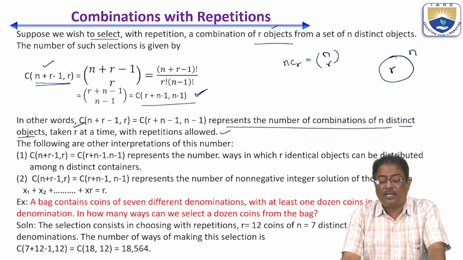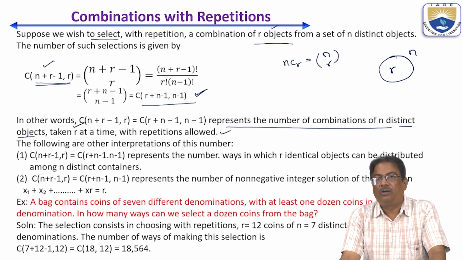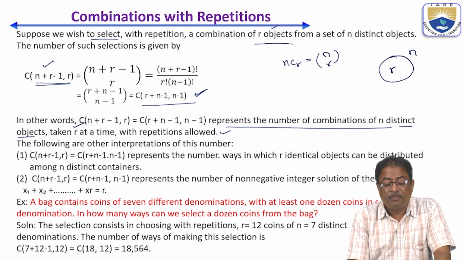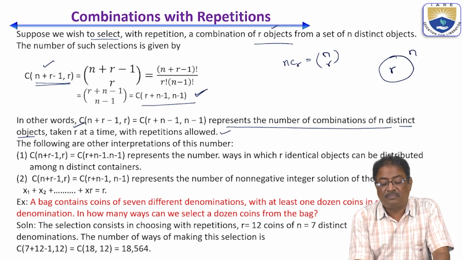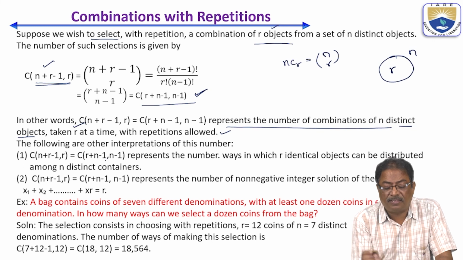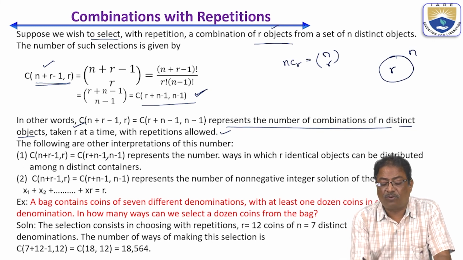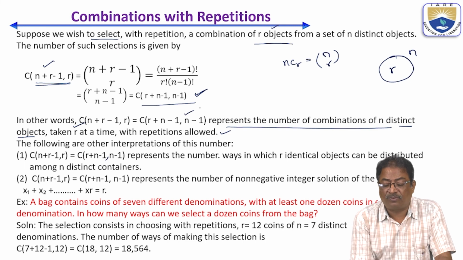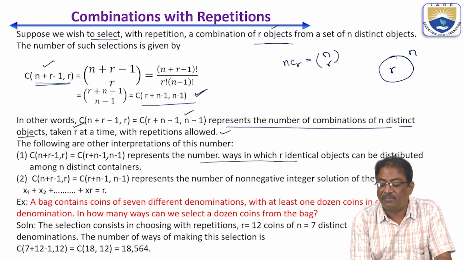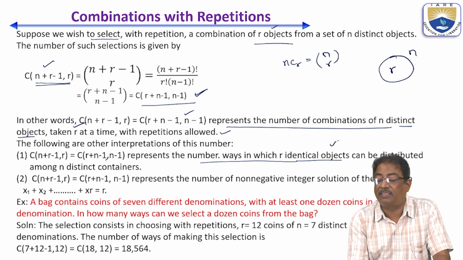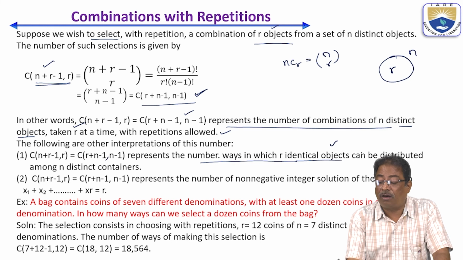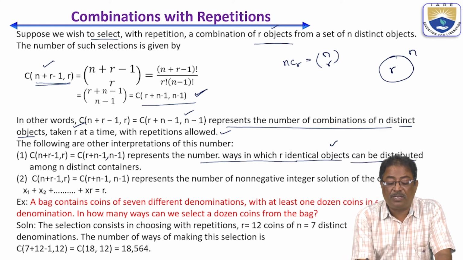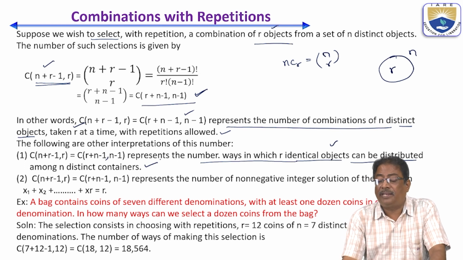Now, there are two other interpretations of this number. One is that n plus r minus 1 Cr, which is r plus n minus 1 C n minus 1, represents the number of ways r identical objects can be distributed among n distinct containers.